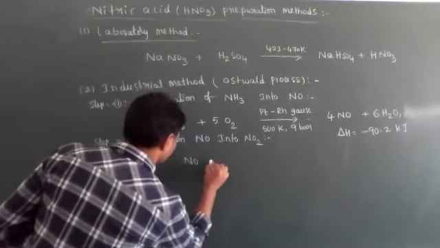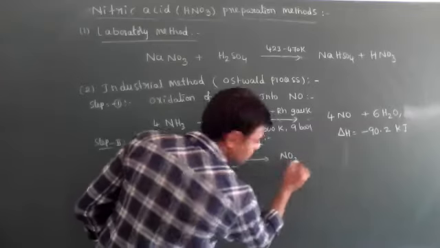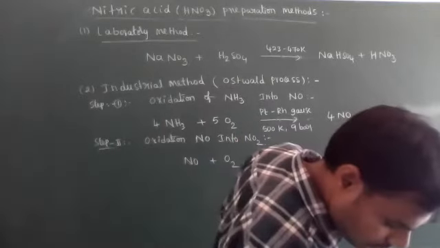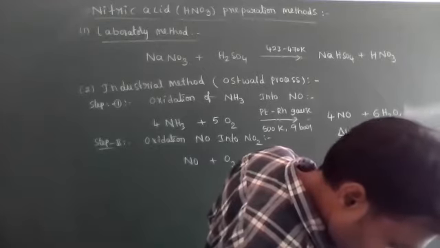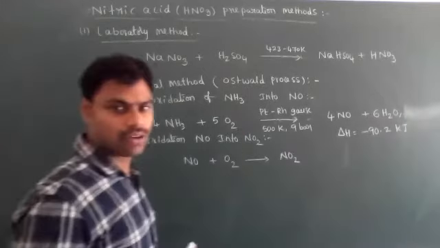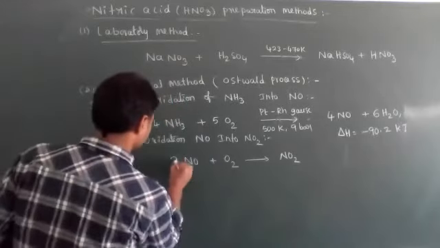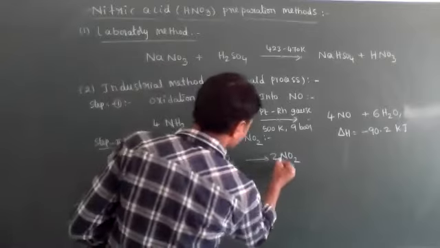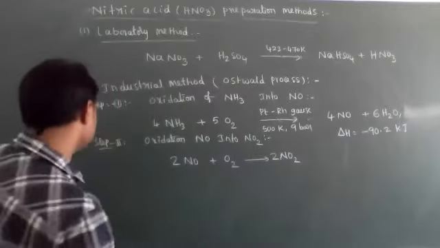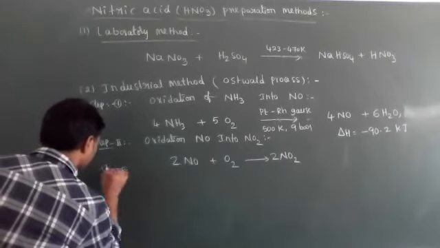NO plus O2 is converted into NO2. We need to balance that: 2 moles of NO, then 2 plus 2, 4 oxygen atoms, then 2 NO2 will form.